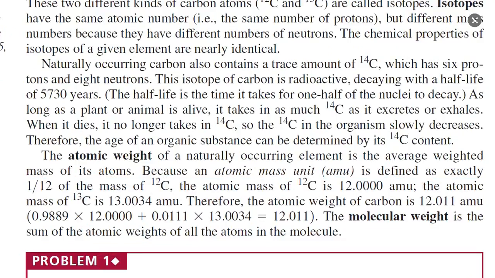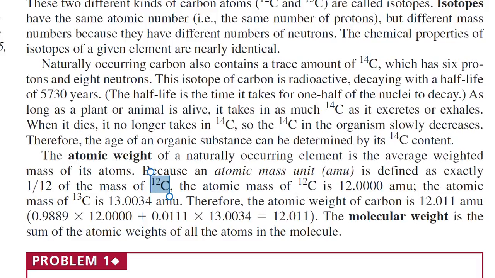Carbon 12 means it has the mass number of 12. It has 6 protons, 6 electrons, 6 neutrons, right? We weigh that one, and then we take 1 over 12. Suppose carbon is 12 grams, then 1 over 12 will be 1 gram. And suppose carbon is 12 pounds, how much will 1 AMU be? 1 pound.